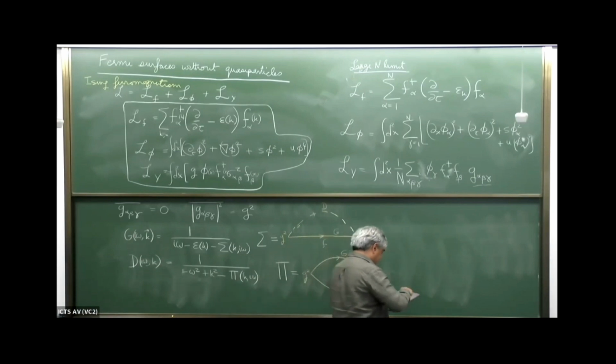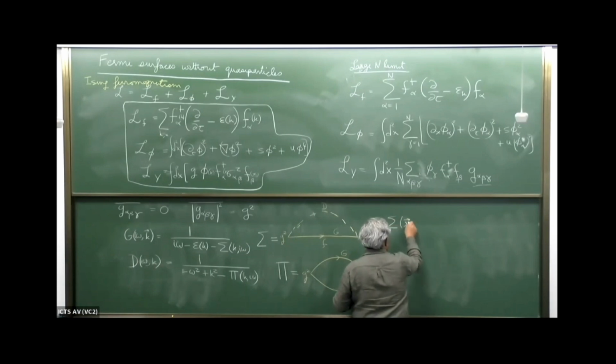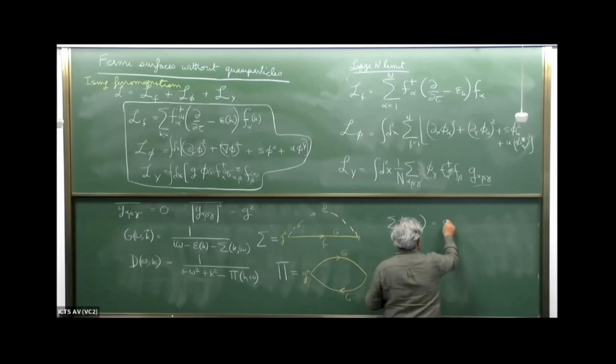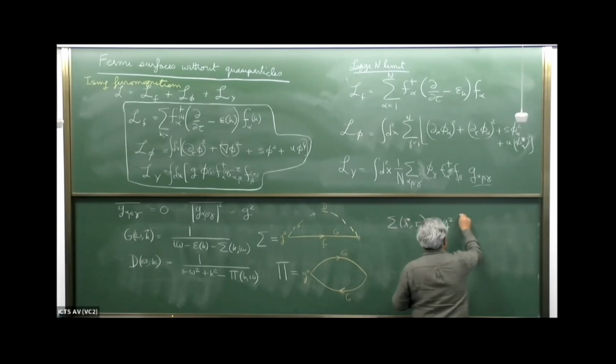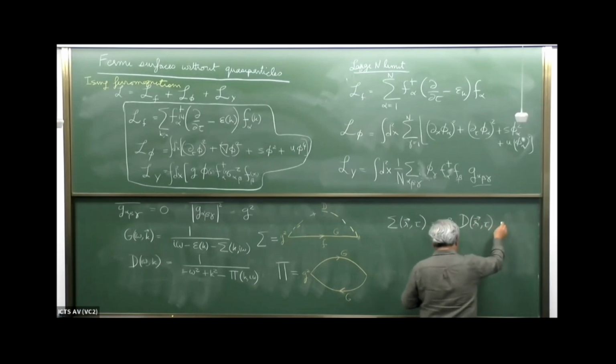So in position space, this tells you that sigma of R and tau is equal to G squared times D of R and tau after the Fourier transform times G of R and tau.